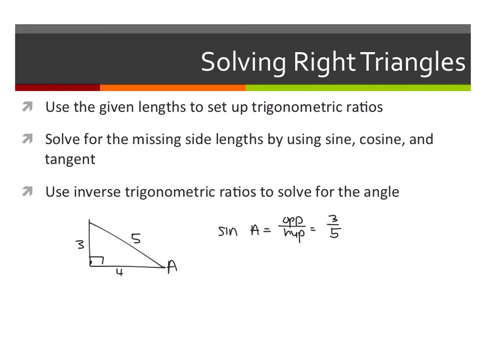But let's say we know that sine of A is 3 over 5, that means if we take the inverse sine of 3 over 5, which will be 36.87, that will be the measure of angle A.